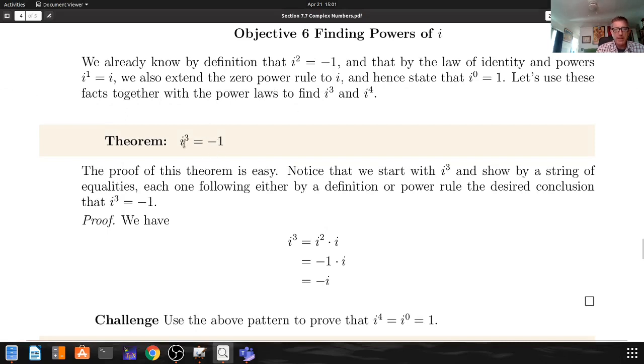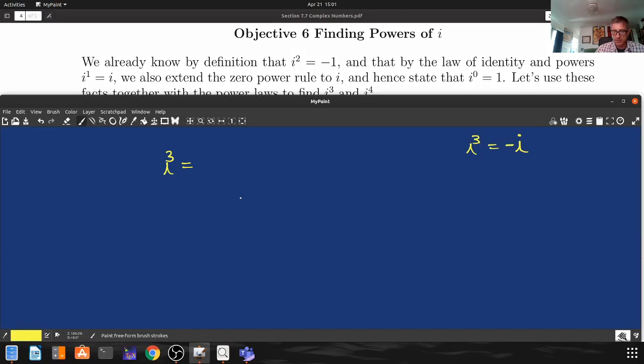There's an error here. This should be i cubed is equal to minus i. Apparently I have not corrected that. I will correct two things after this is over and upload it. So that's what we want to prove. i cubed is equal to i squared times i, but i squared is equal to minus 1. So this is equal to minus 1 times i, which is minus i.